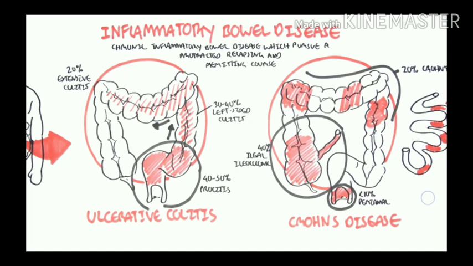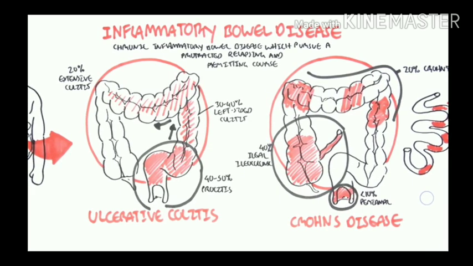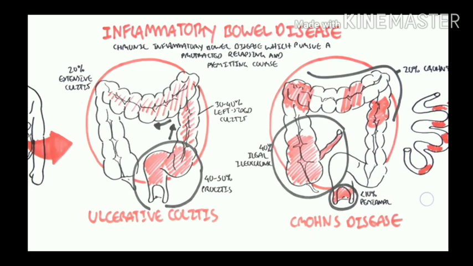Okay, ulcerative colitis mainly presents with inflammation of the rectal and sigmoid colon. It is about 40 to 50% of cases, which we can refer to as proctitis. The most affected area is the rectosigmoid area. The characteristic in Crohn's disease is skip lesions.